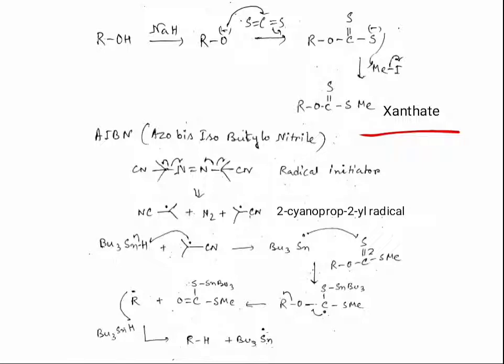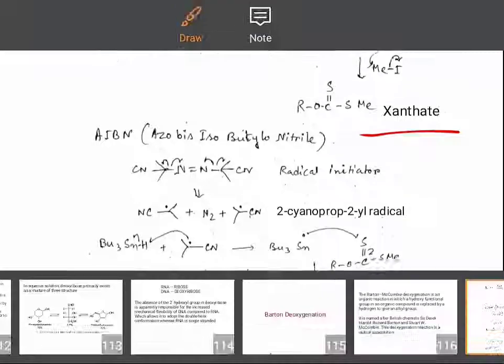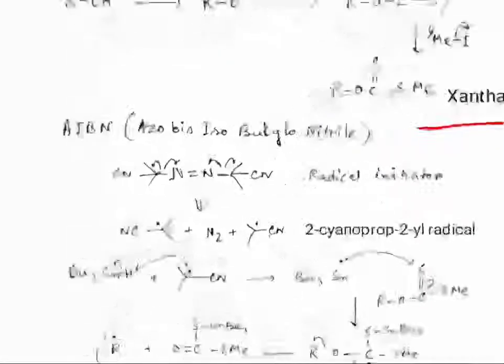Now come to the structure of AIBN, that means azobisisobutyronitrile. This is the structure of AIBN and this is the radical initiator. Let me zoom in.